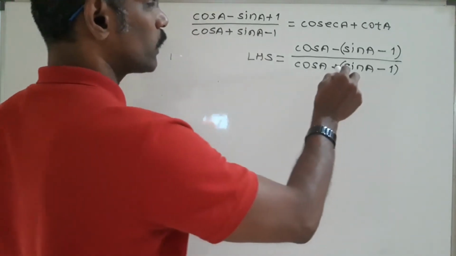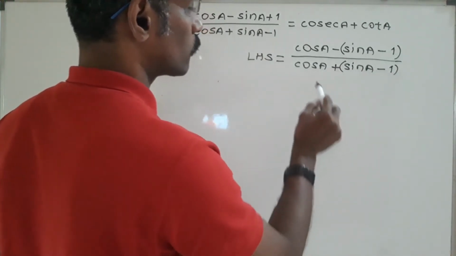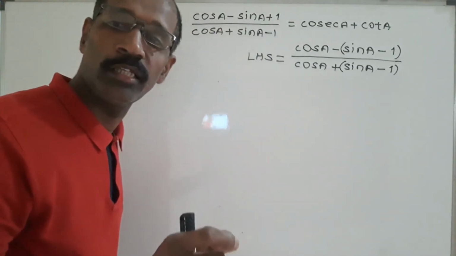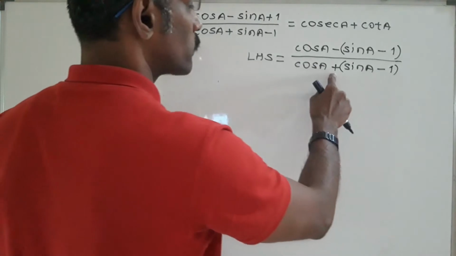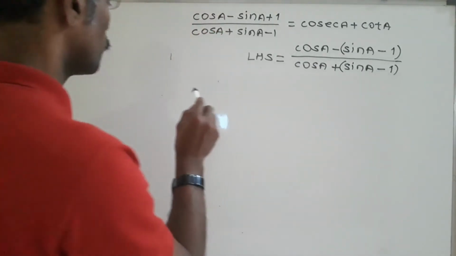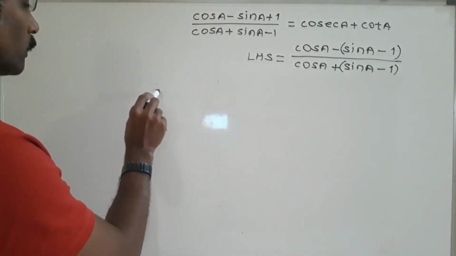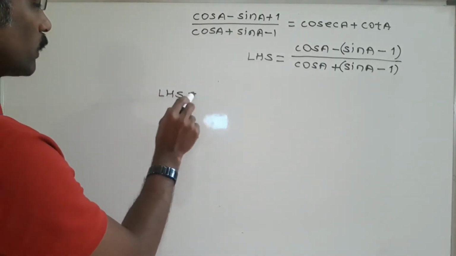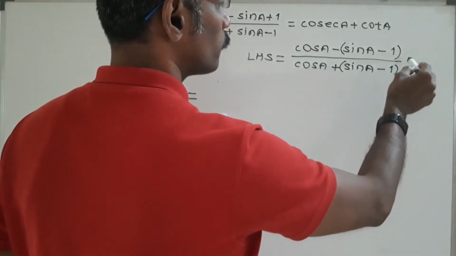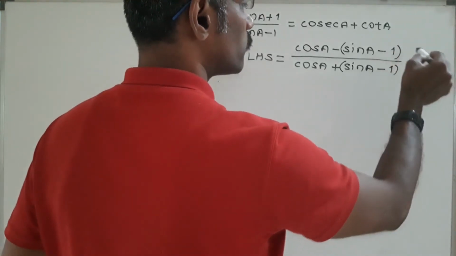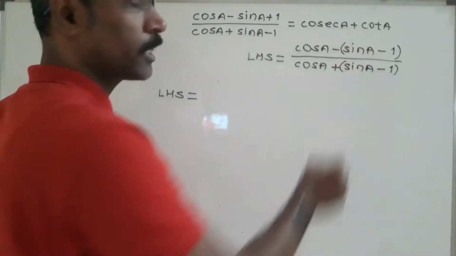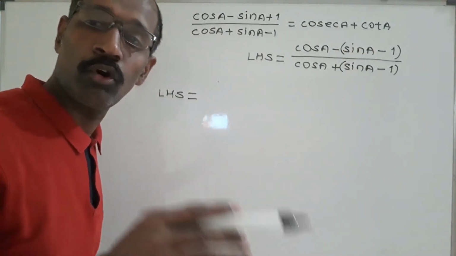Now we take the conjugate pair of the denominator. Conjugate pair of the denominator means that instead of the plus sign, we write a minus sign. We multiply the numerator and denominator by the same conjugate pair.